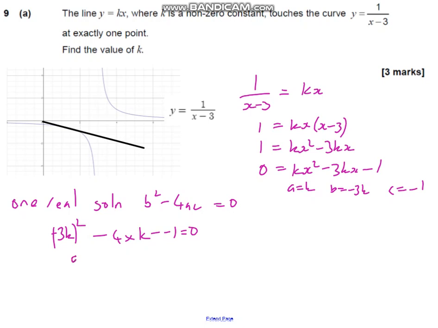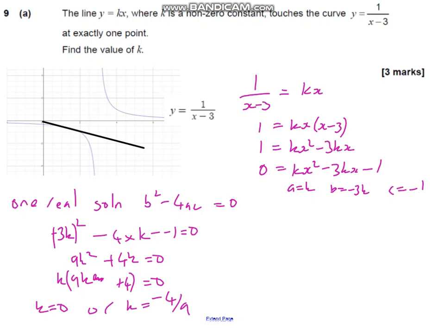So this gives us 9k squared plus 4k is equal to 0. So the k can come out of that, giving us k times 9k plus 4 is equal to 0. So that gives us k is equal to 0, or k is equal to minus 4/9.